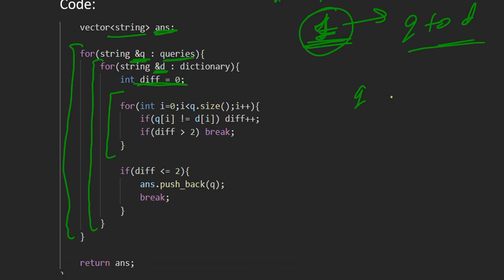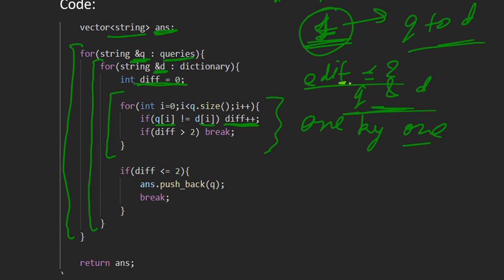As we know, both q and d have the same length, so we check each character one by one. If q of i is not equal to d of i, meaning both are different, then we increase the difference count. And as we know, at most we can do 2 edits.